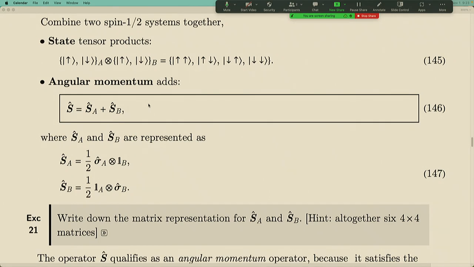So is this still true when I apply it on this 4 particle basis? Let's try to see that. So we can do this: up up, and then up down, and then down up, and then down down.